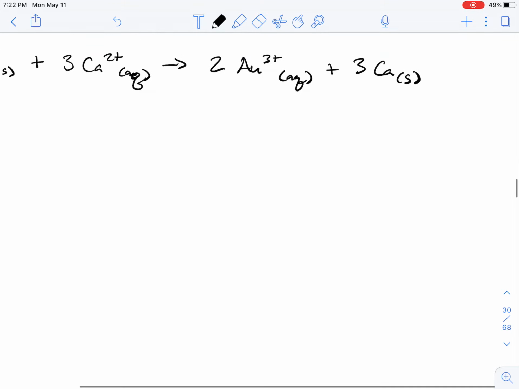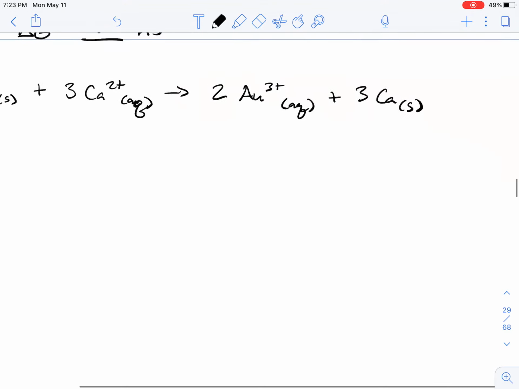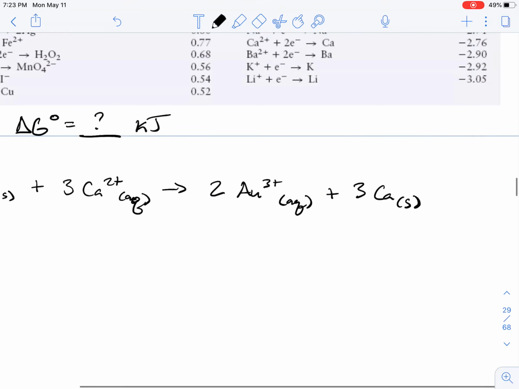So same idea. We're going to go ahead and try to figure out the change in standard Gibbs free energy. And so for us to do so, we're going to use this equation.